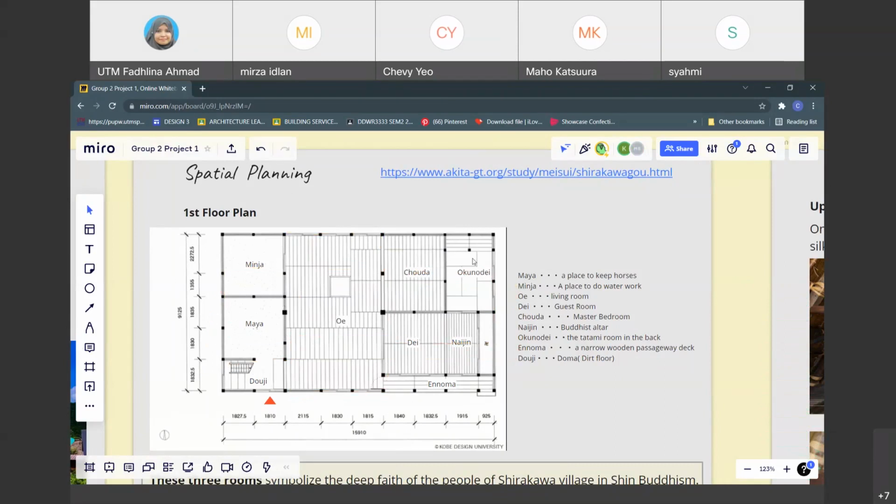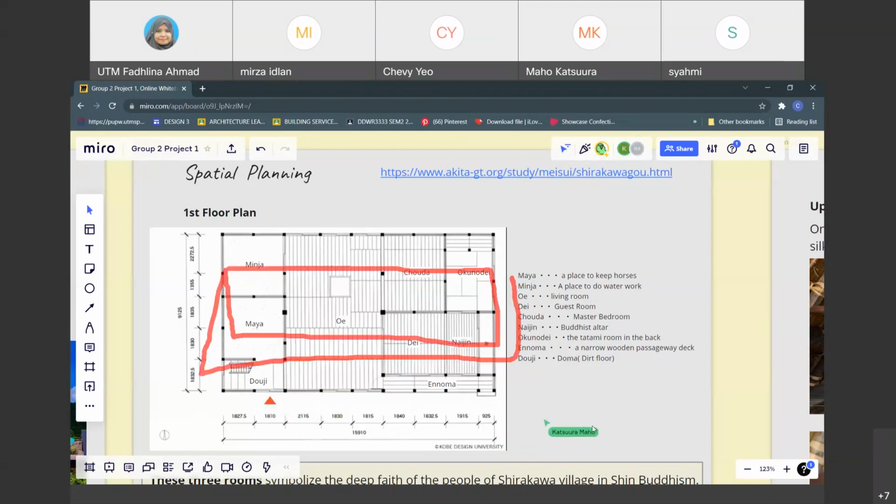Yes, but this one is the main entrance, is it? Where's the main entrance? Right, red triangle shape. Can you see? Where is it? This one? Yes. Can you see this here? Okay, so that one is the entrance. Yes.